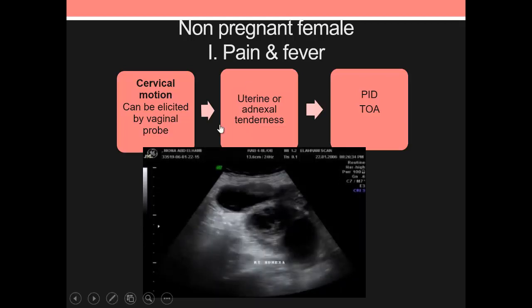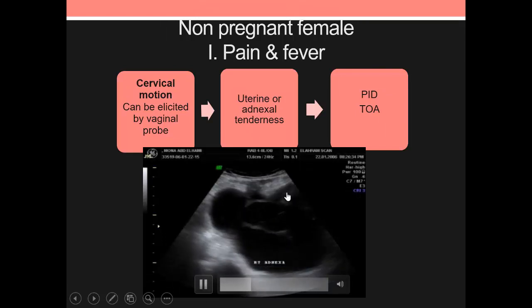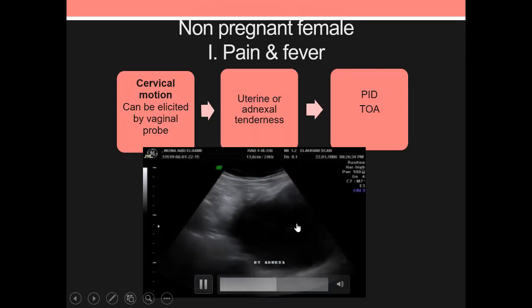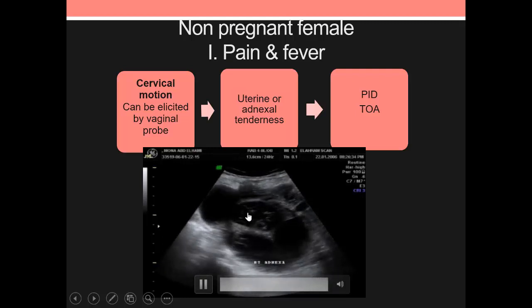Like this case of tubo-ovarian abscess. Note here the dilated fallopian tube, and this is the ovary showing cystic collections and internal debris. This patient was feverish. She had intrauterine insemination 2 weeks before. So this is a sure diagnosis of tubo-ovarian abscess.